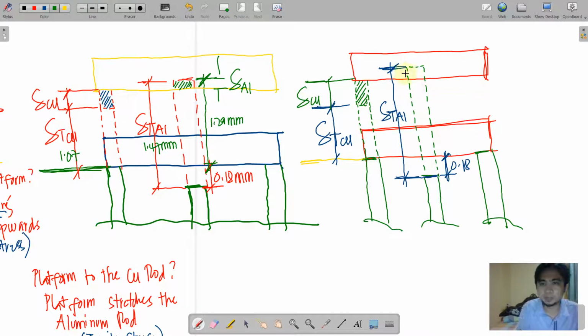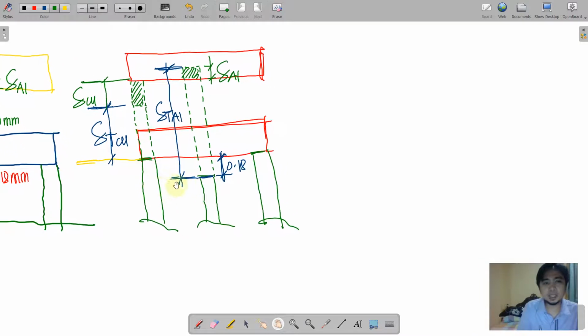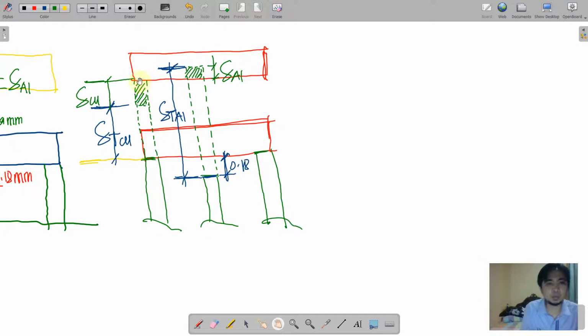And shading this one also, this is delta of aluminum due to push. As we can see now, we can form a relationship between those deformations. Just refer to the dimension.